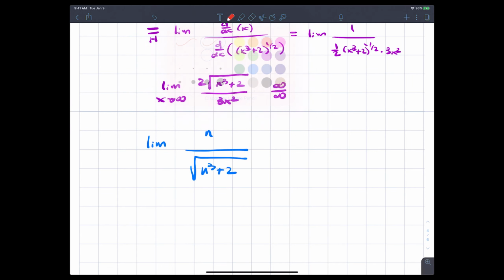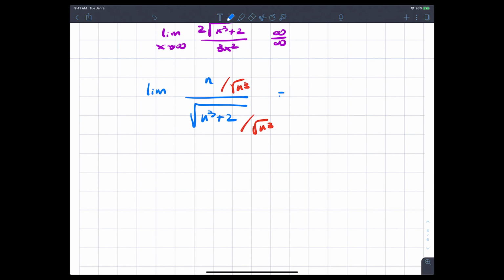So when I divide every term by the square root of n cubed, just like from calculus 1, because you have the radical there. Let's see what this does for us. So algebraically, we get the limit of n over n to the 3/2 over the square root of n cubed plus 2 over that n cubed.